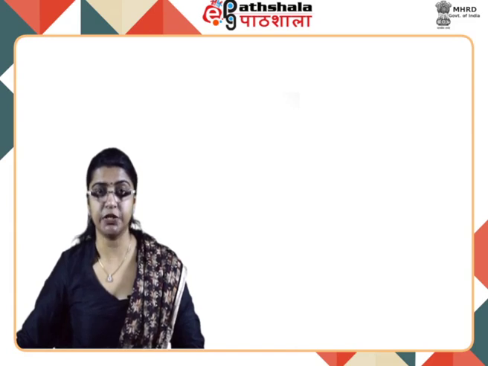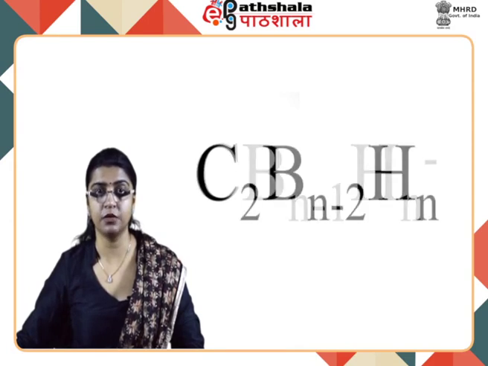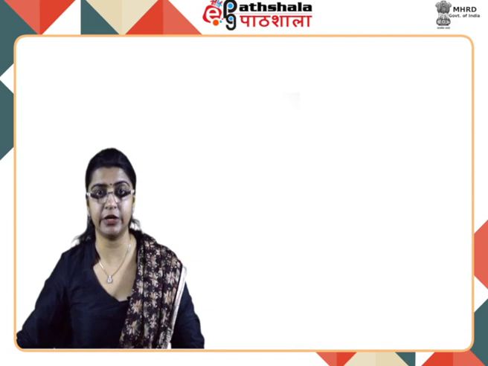The CH units of isoelectronic closocarboranes having general formula CBn-1Hn or C2Bn-2Hn are similarly oriented.